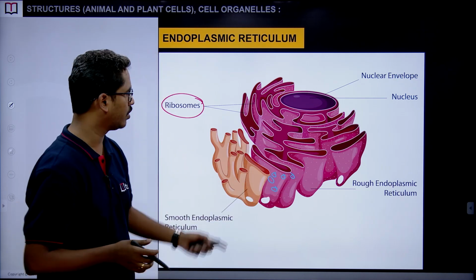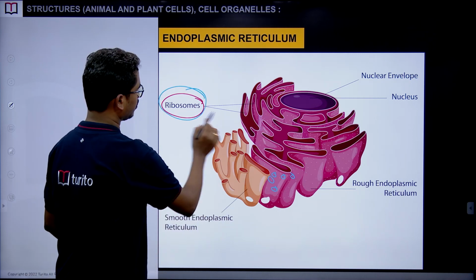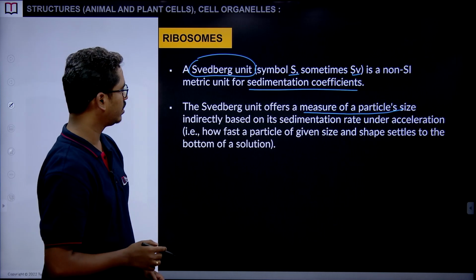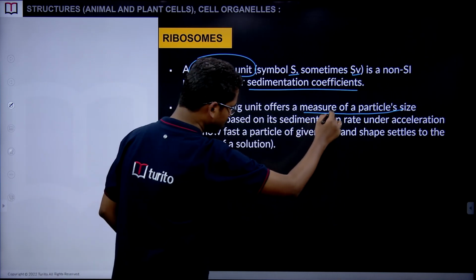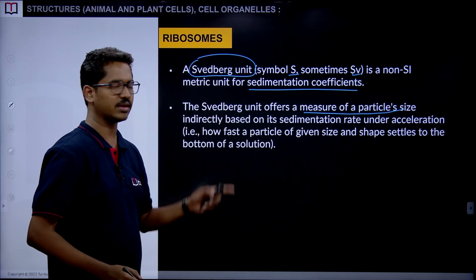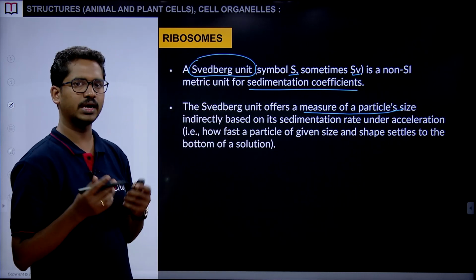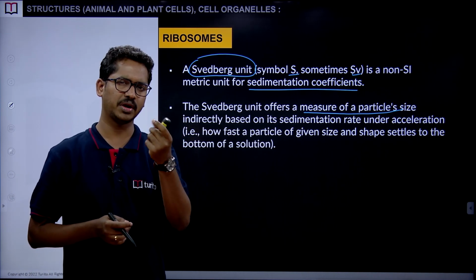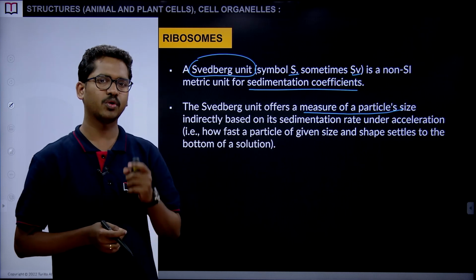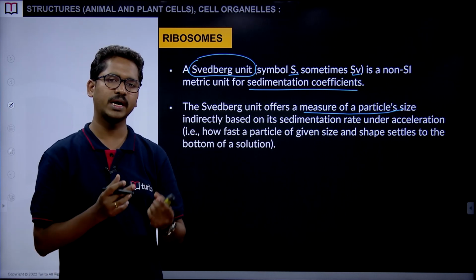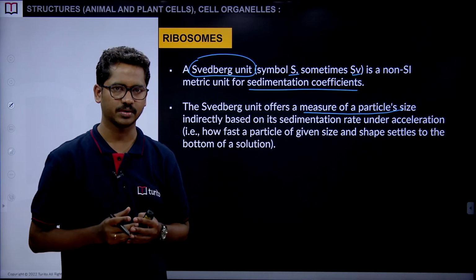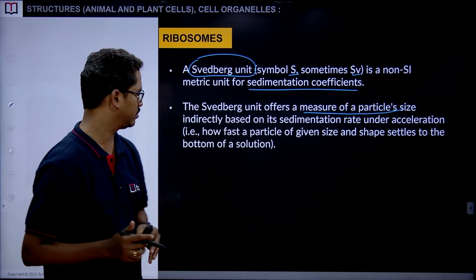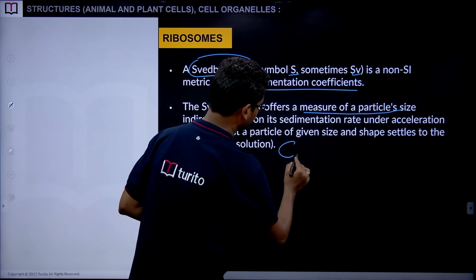Based on the ribosome's size, you cannot actually measure its diameter, length, breadth or radius. It is not possible. So we will try to find its size by an indirect method. There is a process called centrifugation. I don't know how many of you are aware of it. I am writing on the screen.